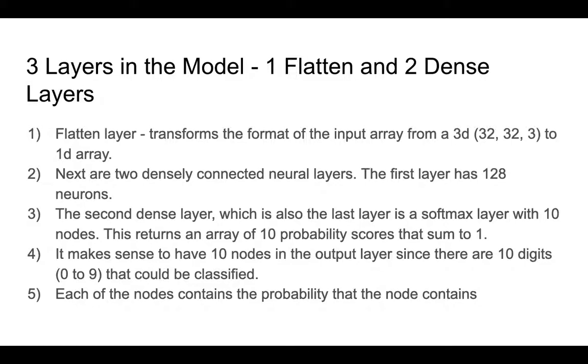The first layer has 128 neurons, and the second layer is a softmax layer with just 10 nodes. The reason we have 10 nodes is because we have 10 different classes or digits, and the outputs we want are probabilities for those 10 different digits.